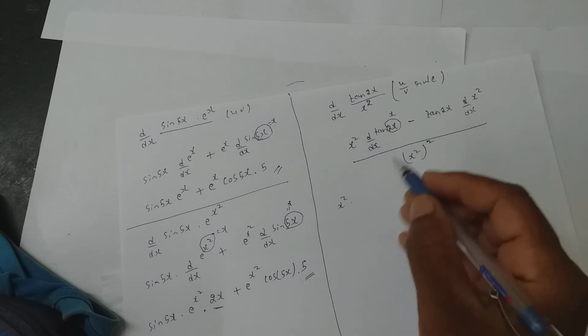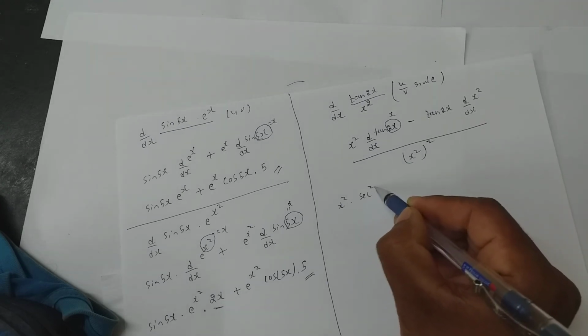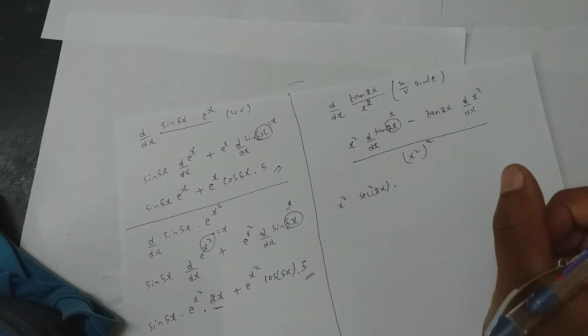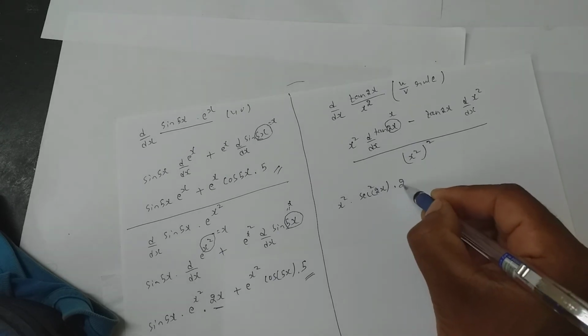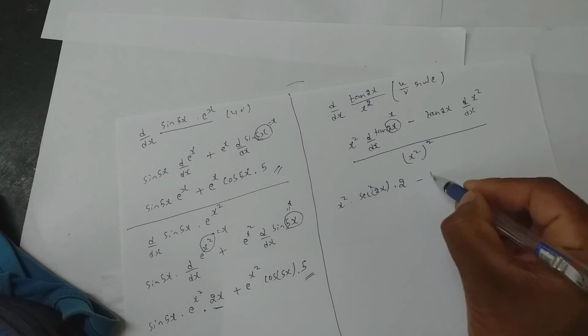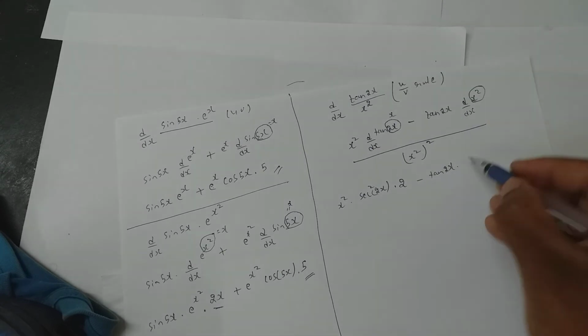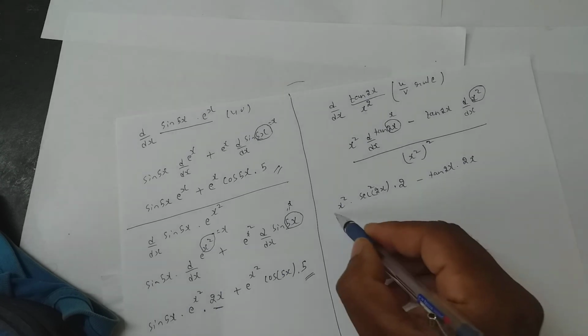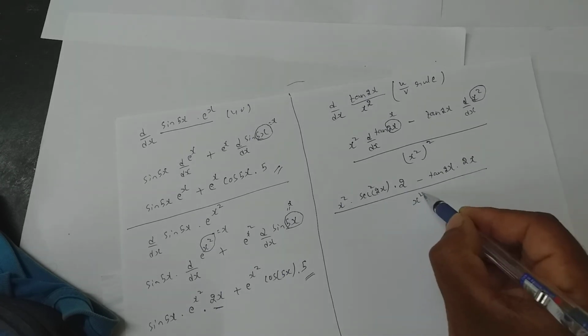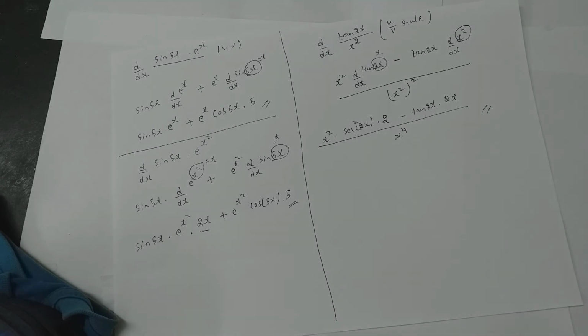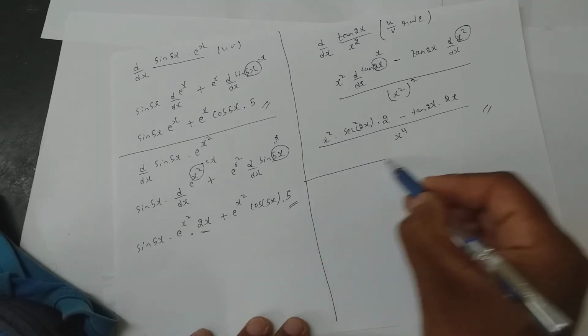So what is the tan x derivative? Secant square x. So secant square 2x into your assumed x, 2x derivative is 2, minus tan 2x into, again, the differentiation of x square is 2x, by x power 4. Sum is done. Am I clear so far?